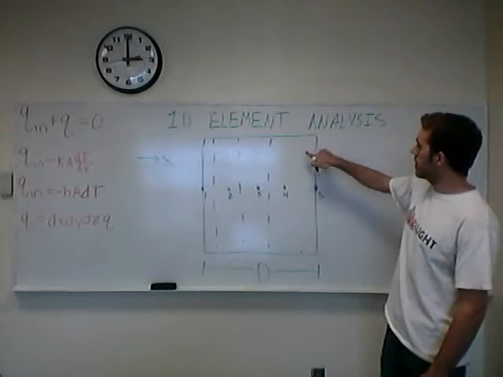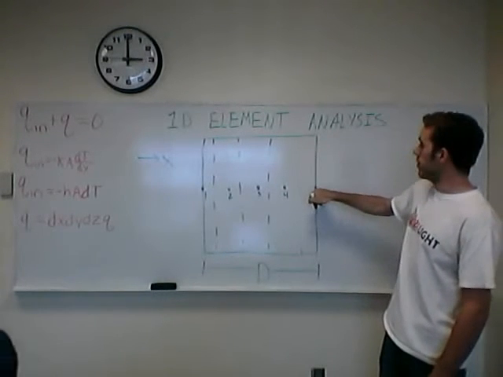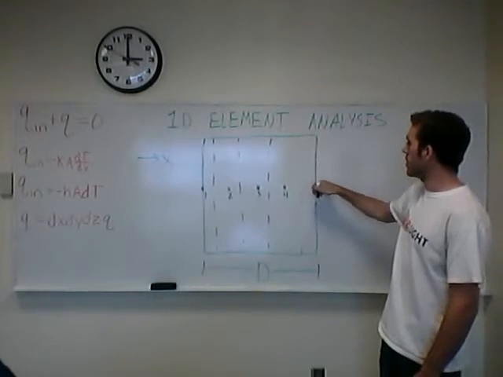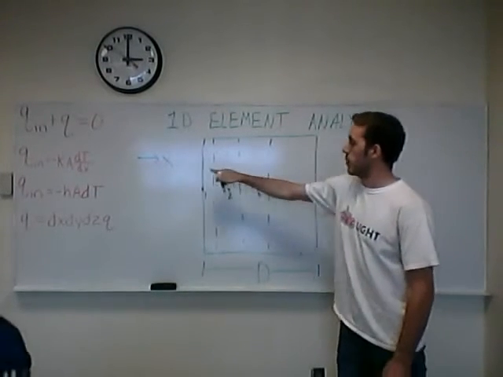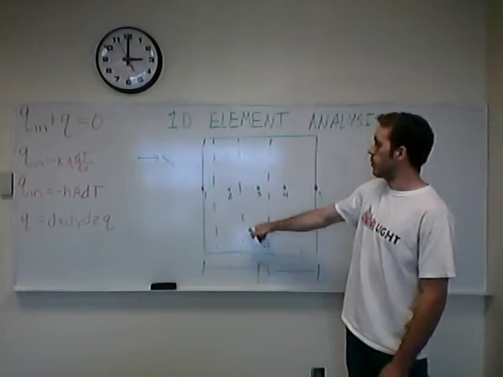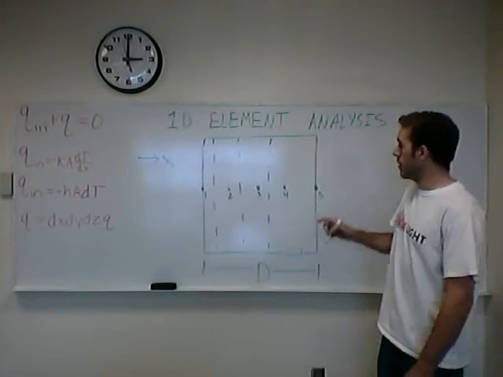You might notice that because the node is in the middle of the element, and the node is on the edge of your piece, you have 2 half elements at 1 and 5. And the rest, you have 3 full elements.